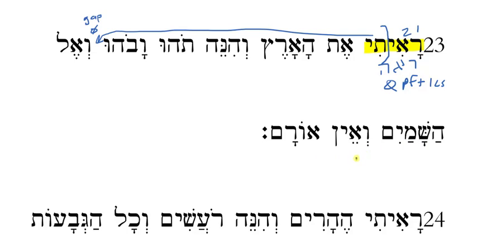Ein is the opposite of yesh. Ein and yesh, remember they're pairs. Yesh, there is, there are. Ein is negative. There is not, there was not, are not. There was not what? What did he not see? What was absent? This is oram. This ending is the third masculine plural pronominal suffix attached to the word or, which means light.